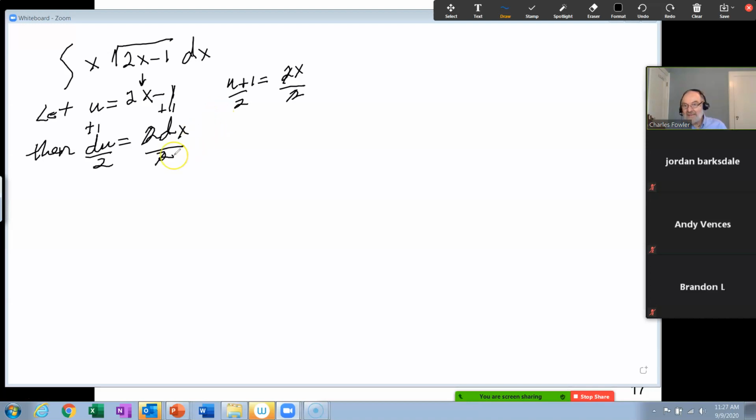Okay, now let's go back to our integral then. Now remember, we got a 1/2 from here, but we also have a 2 in the denominator from here, so that's a 1/2 and a 1/2, so this is a 1/4 on the outside, times the integral of, your x is u plus 1 over 2, but we already took care of the 2.